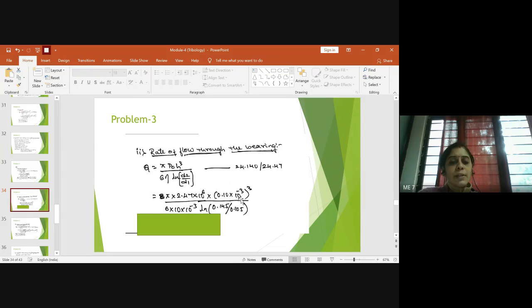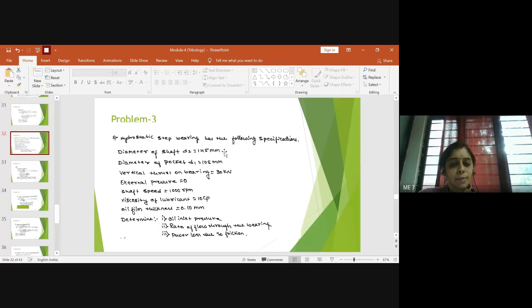So once the numerator part is done, in the denominator you have 6, which is a constant. Write down as it is. And the viscosity of the lubricant has been given as 10 centipoise. So we convert that into Pascal second. So it is 10 into 10 raised to minus 3 into log of d2 by d1. So d2 is nothing but the diameter of the shaft, which is given as 145 mm.